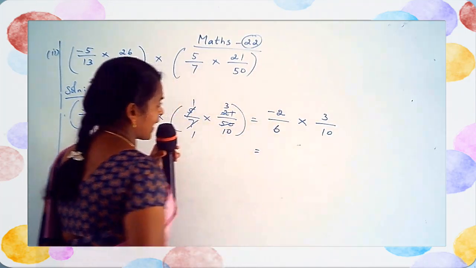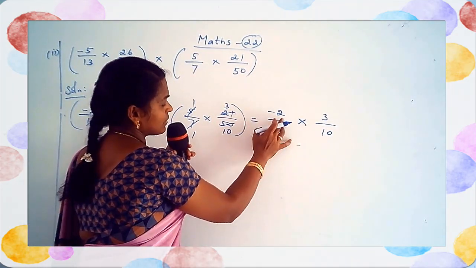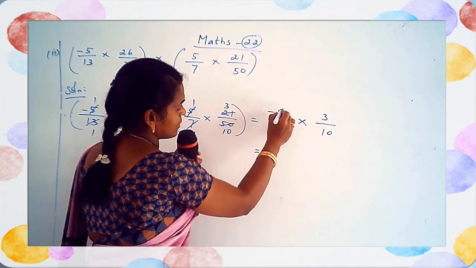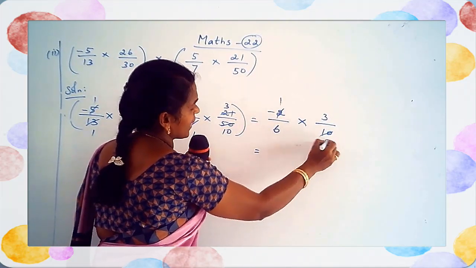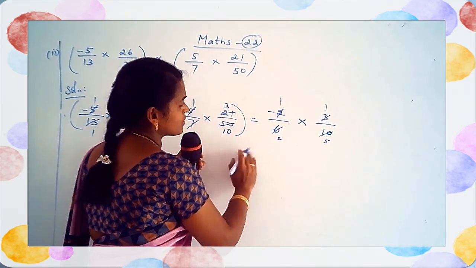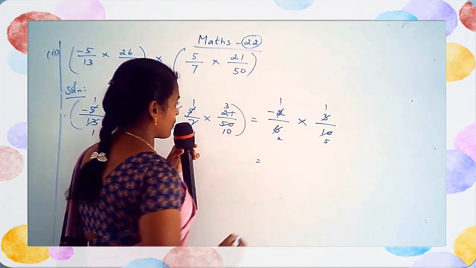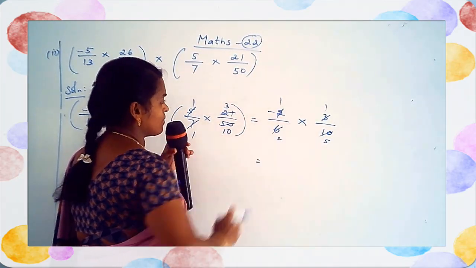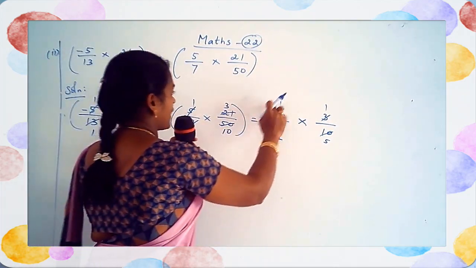Now again you check numerator and denominator for common factors. Yes children? 1 2 is 2, 5 2s are 10. 1 3 is 3, 2 3s are 6. Now remaining here minus 1, here 1. In multiplication, multiply numerator by numerator.